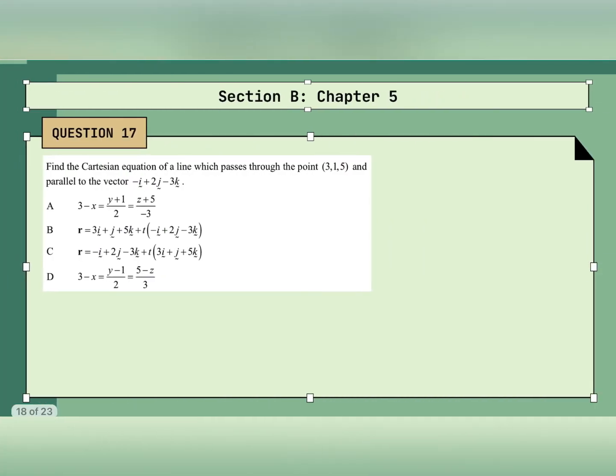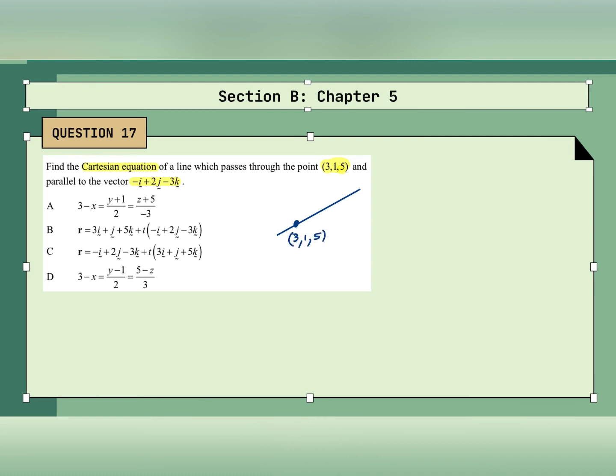And now moving on to question number 17. Find the Cartesian equation of the line that passes through the point 3, 1, 5 and parallel to the vector here. Okay, apa maksud ayat ni? Dia ada line. Okay, line kita ini passes through the point 3, 1, 5.